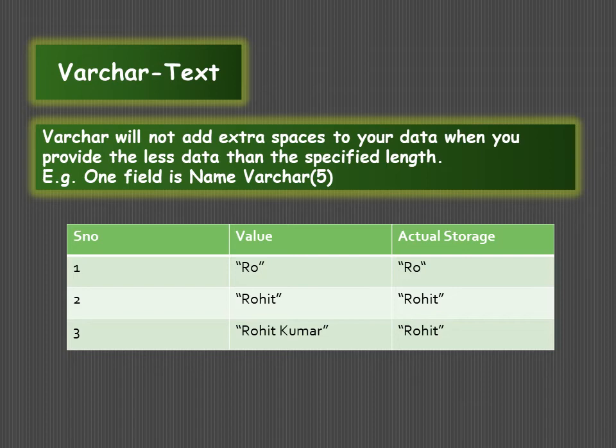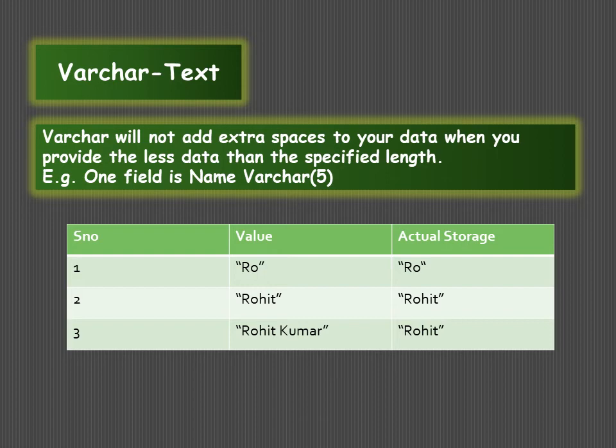If you see the second column, the value column, the first value is RO. Under this first value, you can see that it is only occupying 2 spaces, whereas the length specified, similar to char fix, is 5.